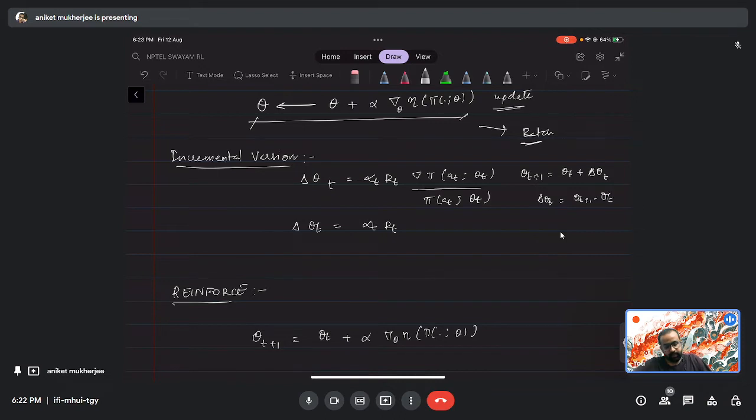Now if you put theta t plus 1 minus theta t here and bring the theta t over to this side, you have theta t plus 1 is equal to theta t plus the gradient term. So this you could write as log phi at theta phi.